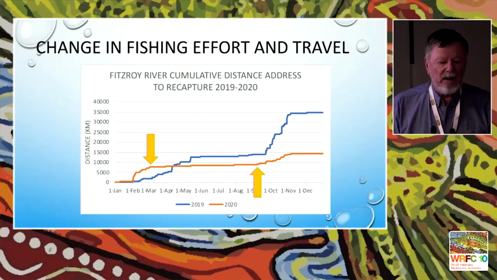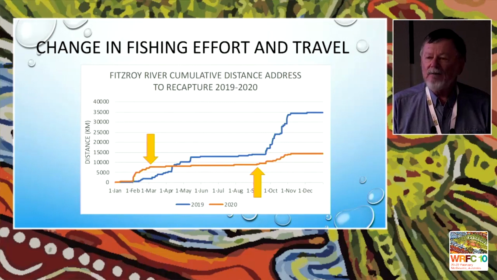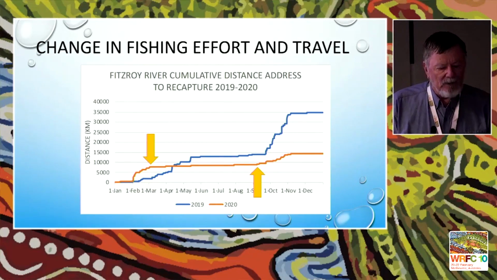On the other hand, there were changes in fishing effort in the Fitzroy River up in central Queensland around Rockhampton. The Fitzroy River is a barramundi fishery. There's a closed season from November through to January, and then the season opens in February.